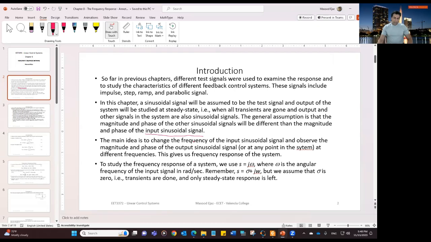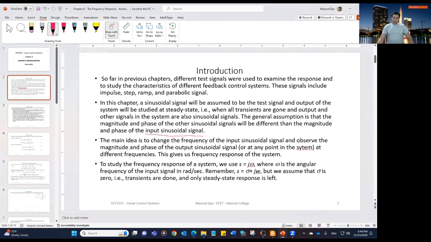In this chapter, our test signal is a sinusoidal signal. We're going to change the frequency from 0 all the way to high frequency, and we are going to see how the output of the system is behaving. That is, at what frequencies the magnitude is high, at what frequencies the magnitude is low, and whatever the value of the phase is.